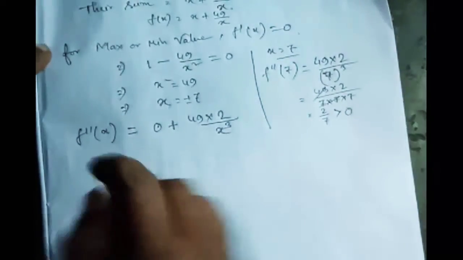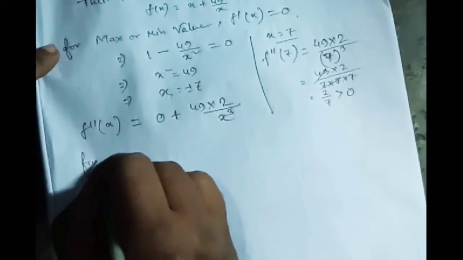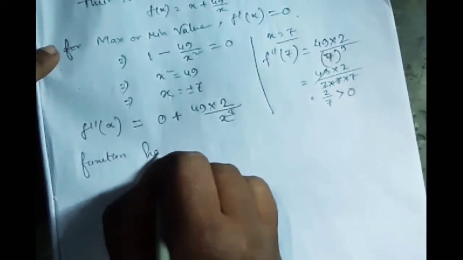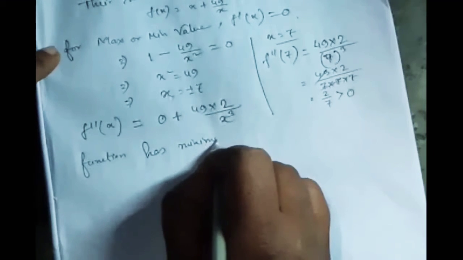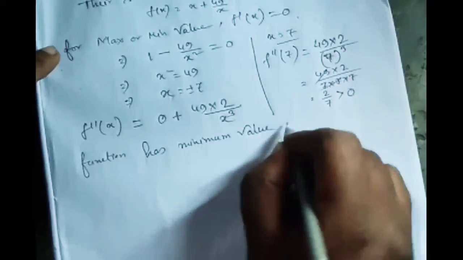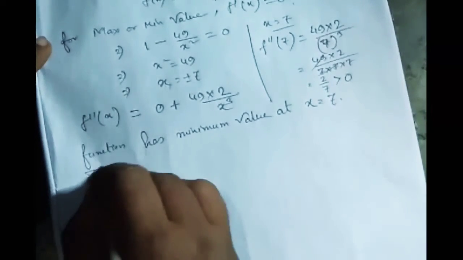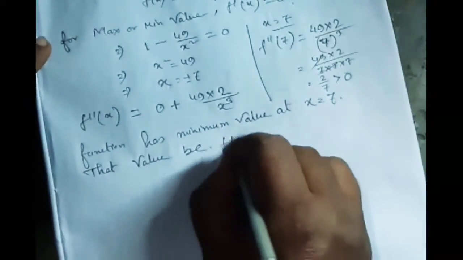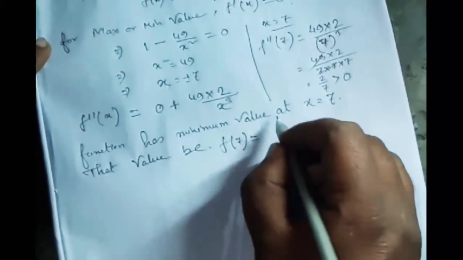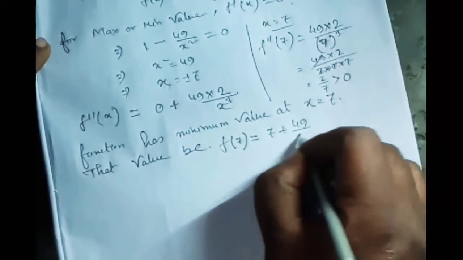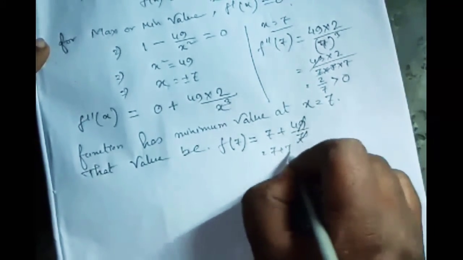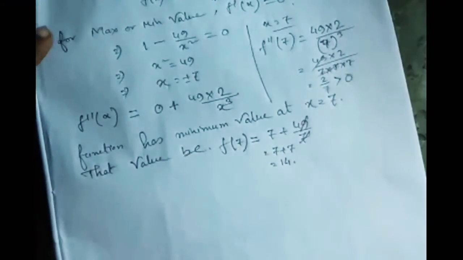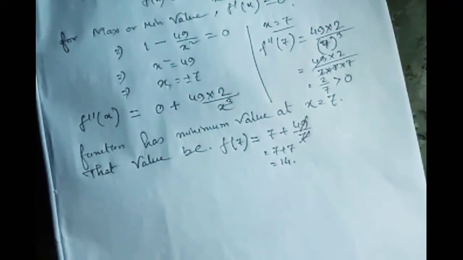So the function has minimum value at x equal to 7, and that value is f(7), that equals 7 plus 49 by 7. This is 7 plus 7 means 14. Hope you are able to understand it.